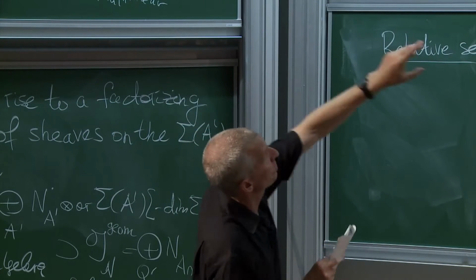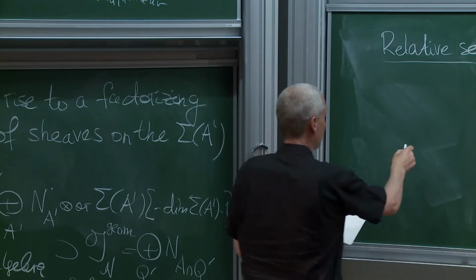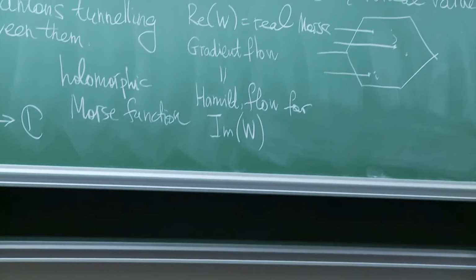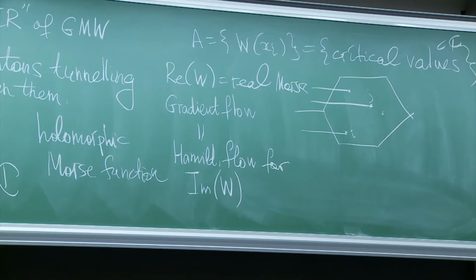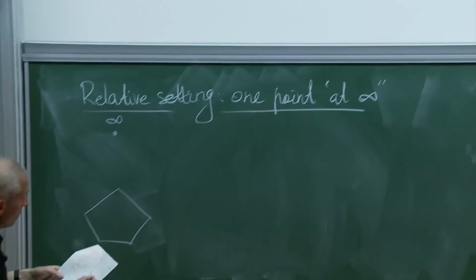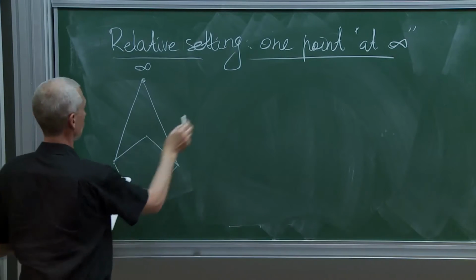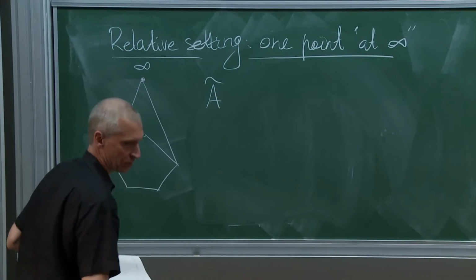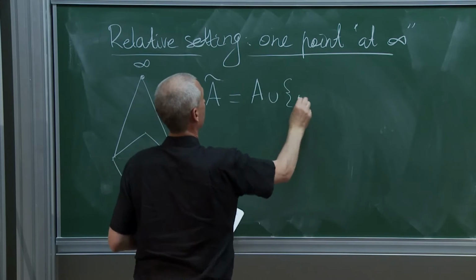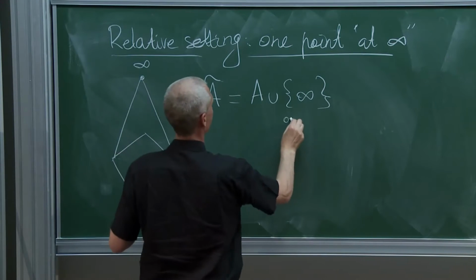But we can consider formally the setting that our set A has one extra point, which can be either at the projective infinity or simply far away. So we can have a new set, say A tilde, which is the set A together with one point infinity, which is outside of everything.